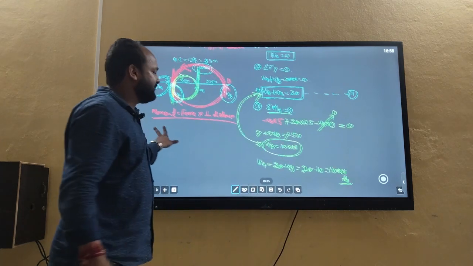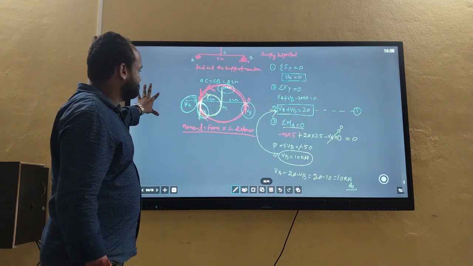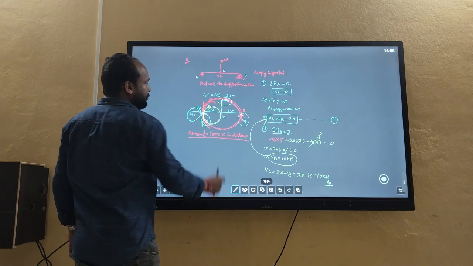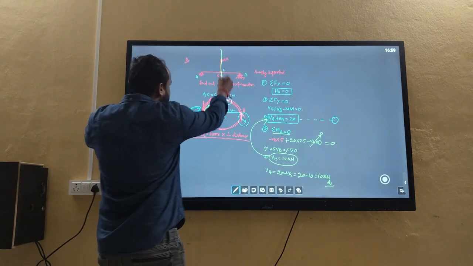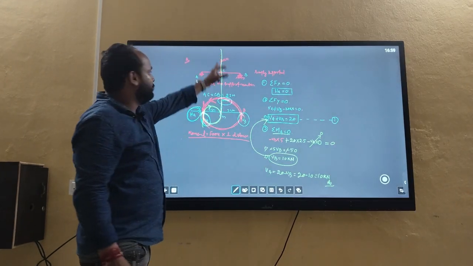As I have told before, it is a symmetric section. So directly, that means the portion from A to C is similar to C to B, and the 20 kilonewton force is acting.